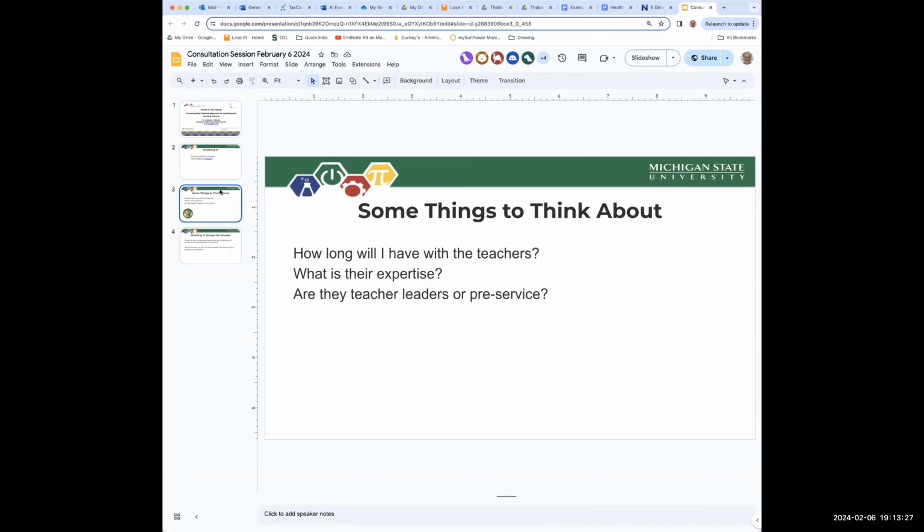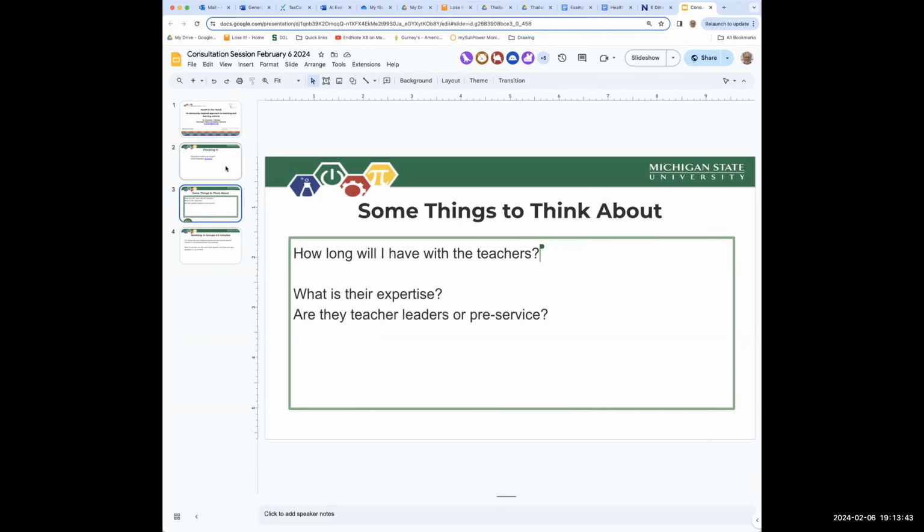For Health in Our Hands, we typically try to have 2 full days and then 2 half days with the teachers to really delve into the unit with them.